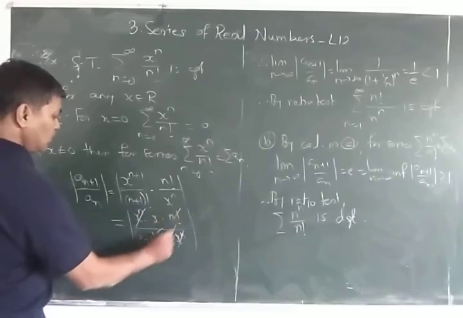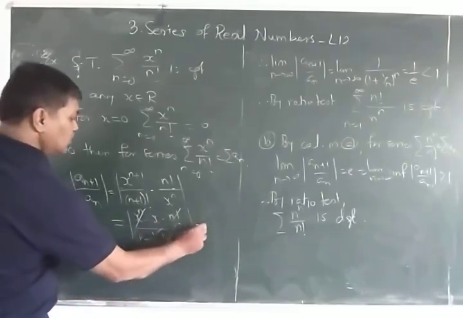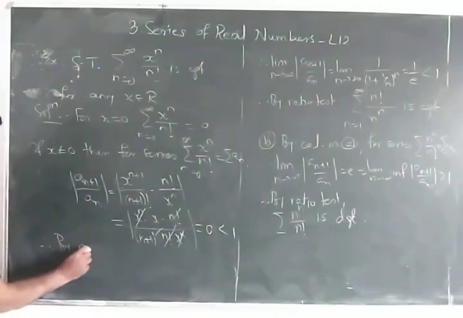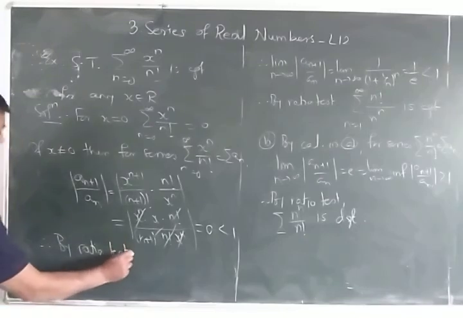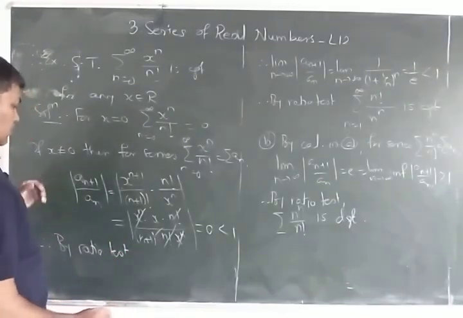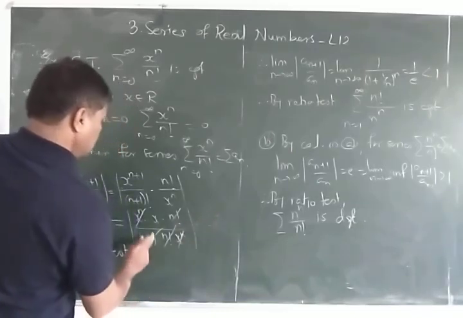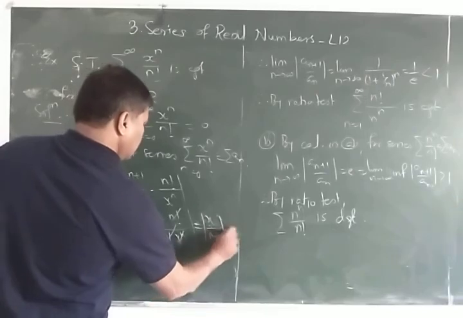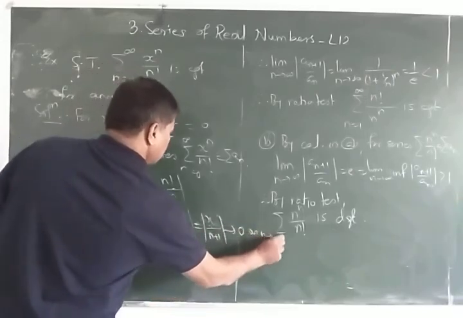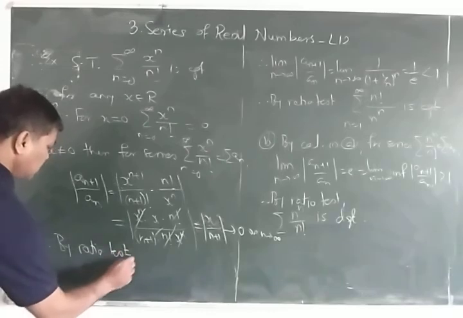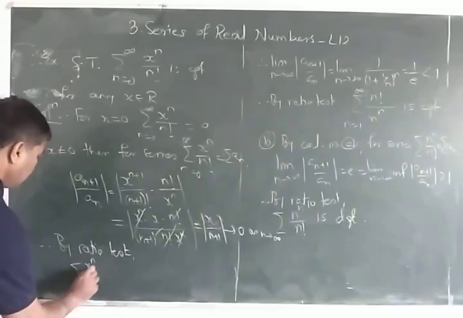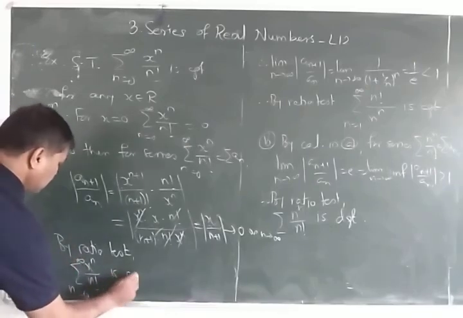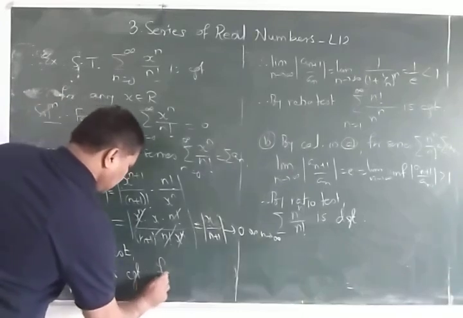The x raised to n gets cancelled, n factorial gets cancelled, and this is the mod of x upon n plus 1, which tends to 0 as n tends to infinity, and 0 is less than 1. Therefore, by ratio test, summation of x raised to n upon n factorial, n equal to 0 to infinity, is convergent for any x belongs to R.